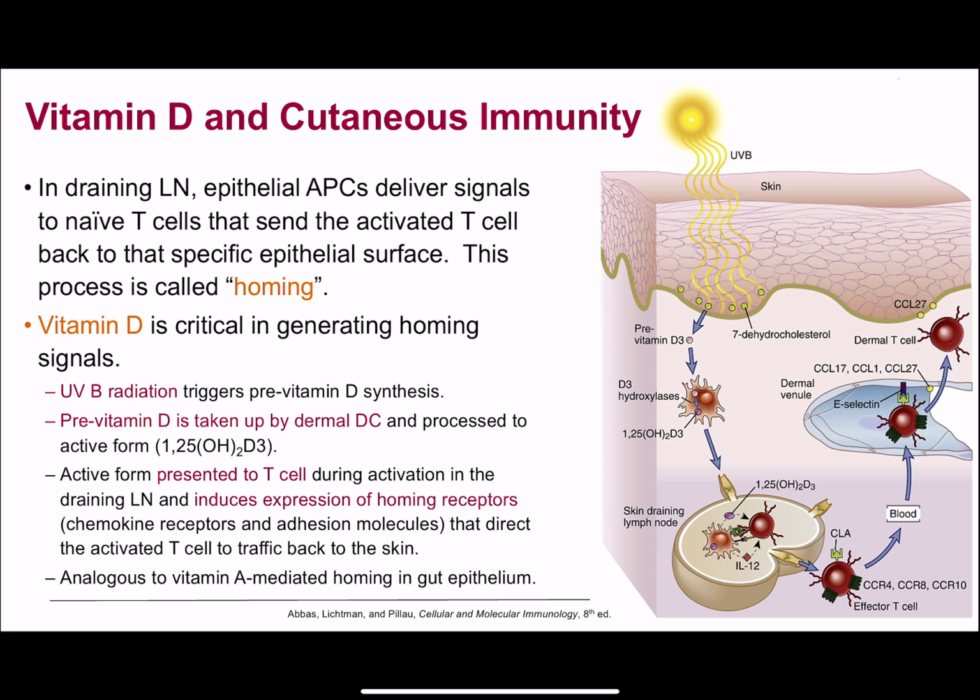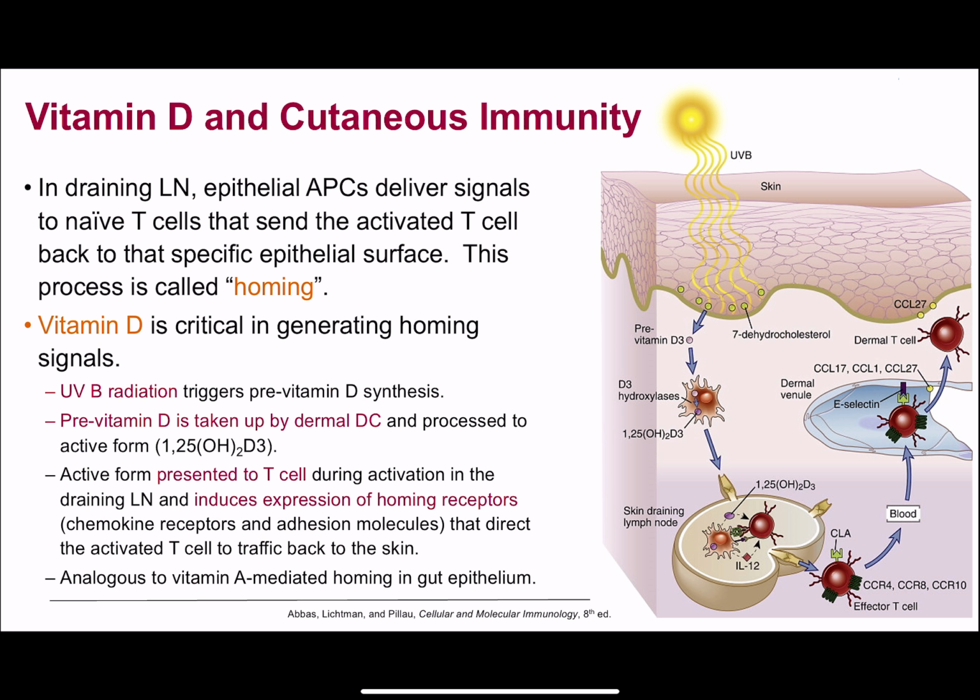All right. So, how do those T cells find their way back to the skin? We've got another homing mechanism. This is why we are always hearing, well, go out and get some sun and soak up that vitamin D. It's also you can protect your epithelial, your cutaneous immune response. Because in the lymph nodes, those epithelial APCs are responsive to vitamin D-induced signals.